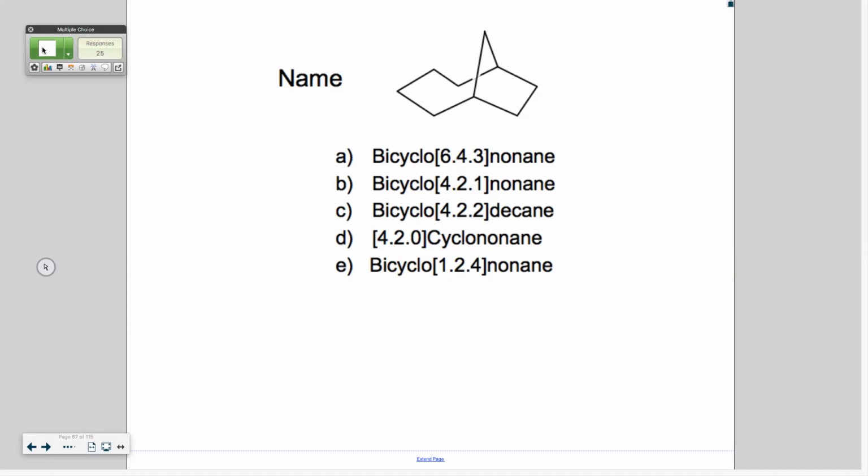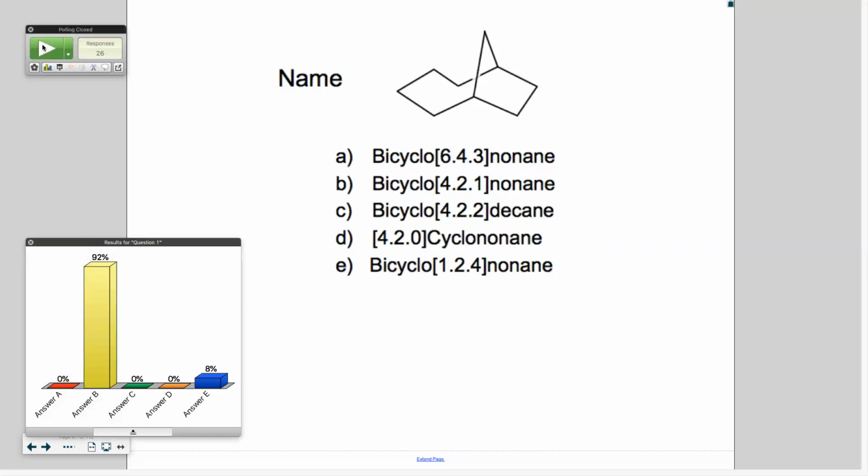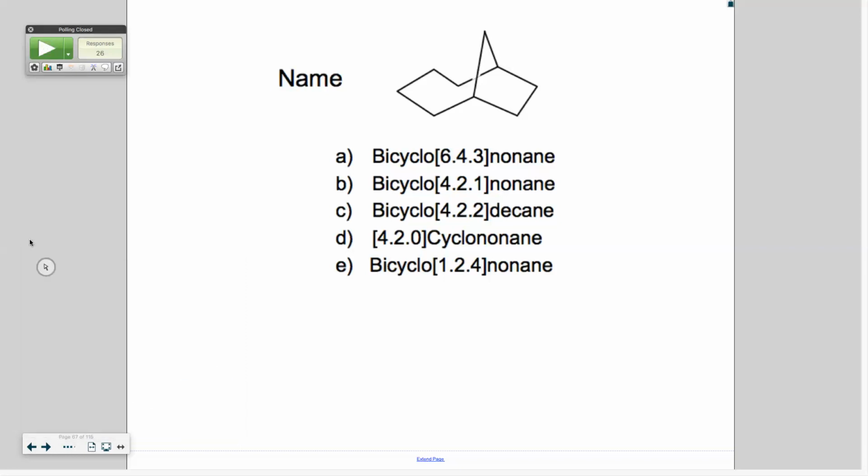Do you understand that this bond is in front of that bond? Do you see the perspective in the drawing? Okay. Just checking. All right, I still only have 25 though. Is there one more person? Okay, all right, we're up to 26. Oh, I hope it's B.